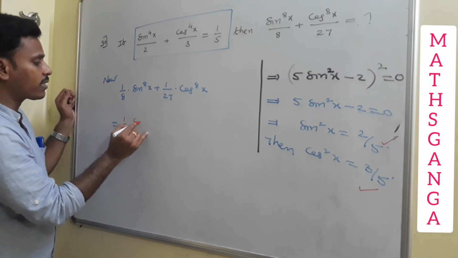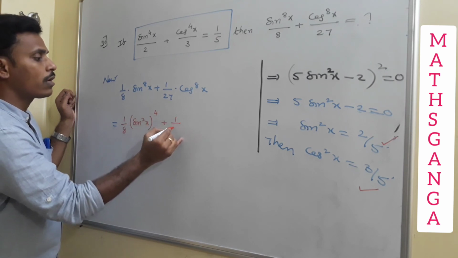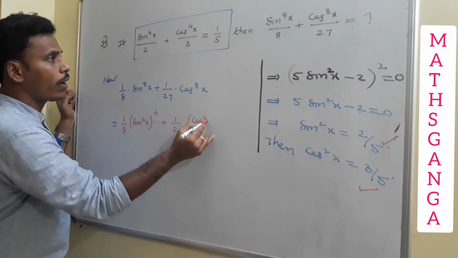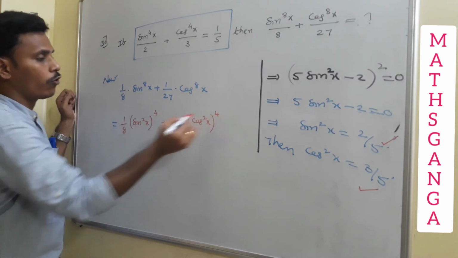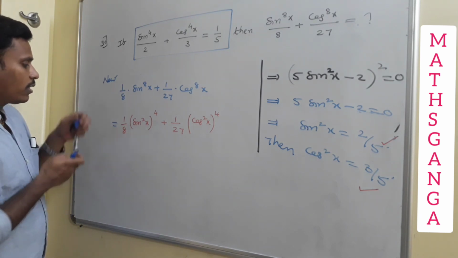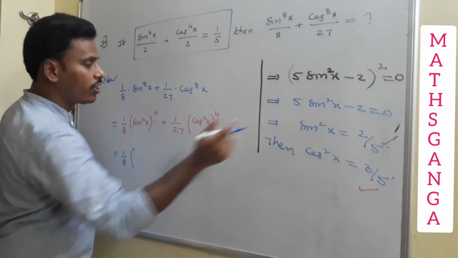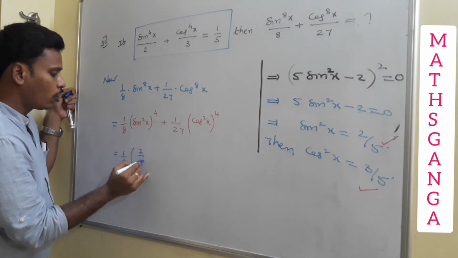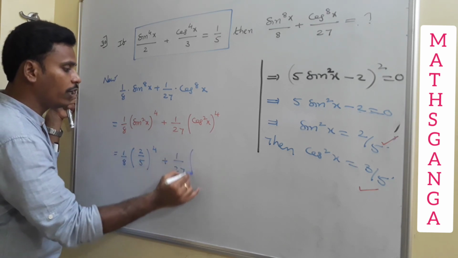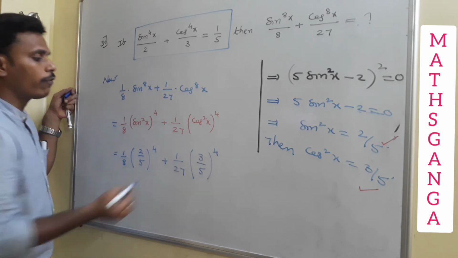This sin power 8x I can write like (sin square x) whole power 4, plus 1 by 27 into cos power 8x, which can be written as (cos square x) whole power 4. Okay? And now how can I simplify? See, this is equal to 1 by 8 times sin square x is just 2 by 5, replace here (2 by 5) to the power 4, plus 1 by 27 into cos square x is just 3 by 5, (3 by 5) to the power 4.